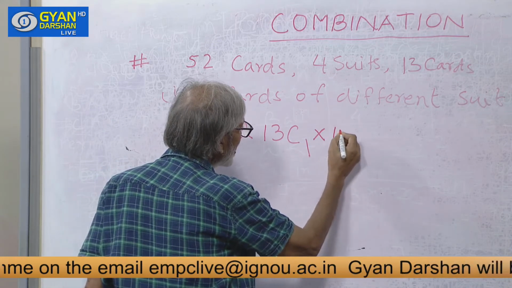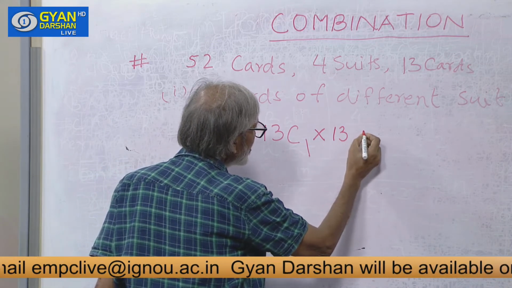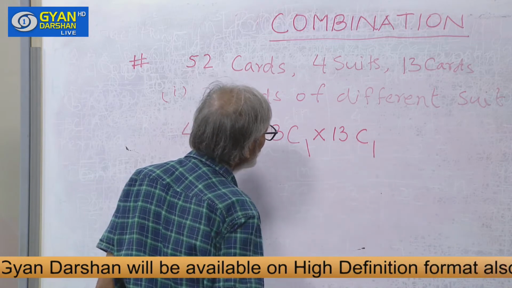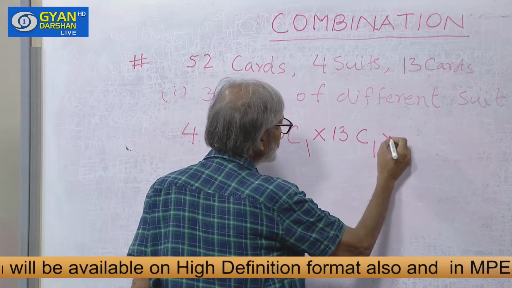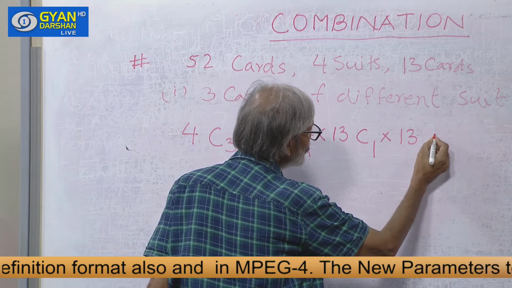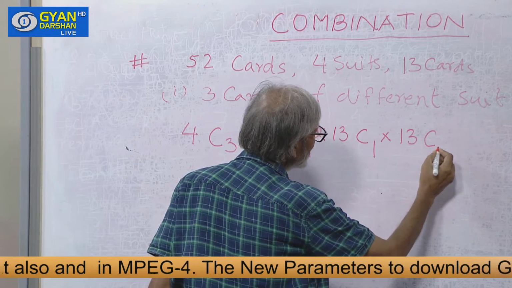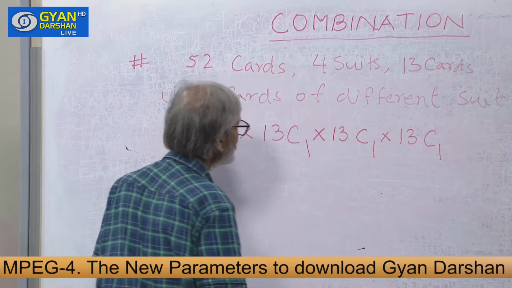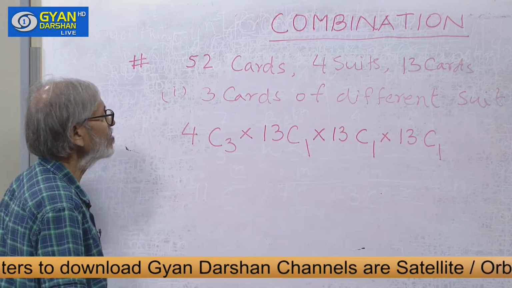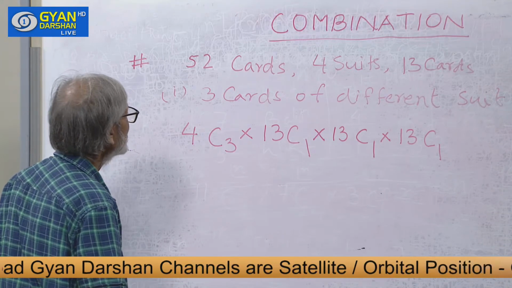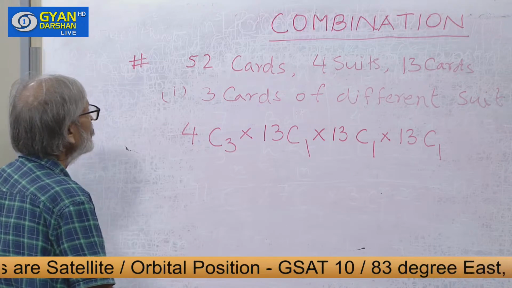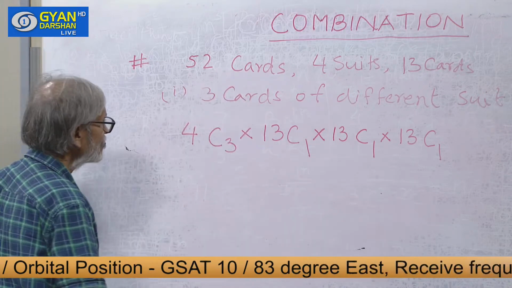Now, another card from another chosen suit will be again 13C1, and similarly the third card you have to choose from the third chosen suit, that is 13C1. So, these many ways you can select 3 cards of different suits out of a pack of 52 cards.